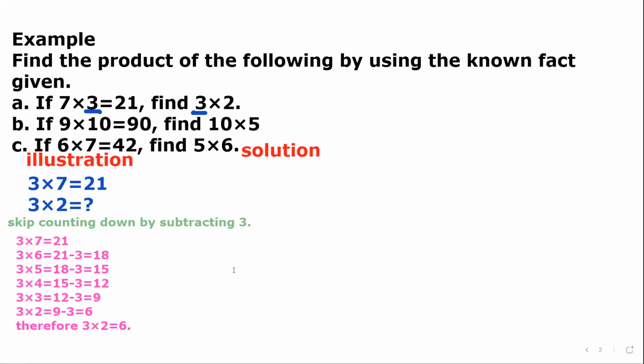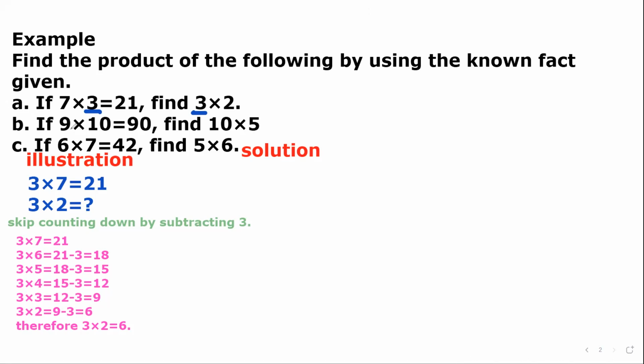Good. We have done with this. Okay. Good. So let's do question B. In question B, you have to identify the multiplier. We know the known fact is 9 times 10, that gave us 90.